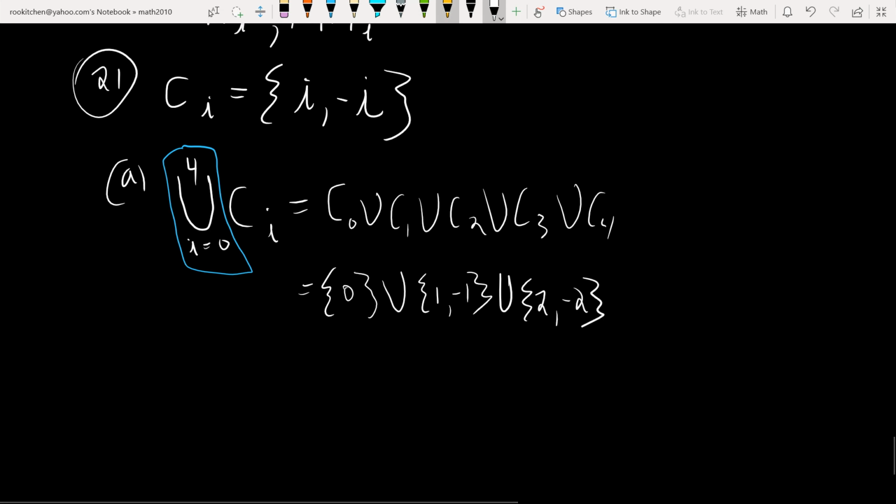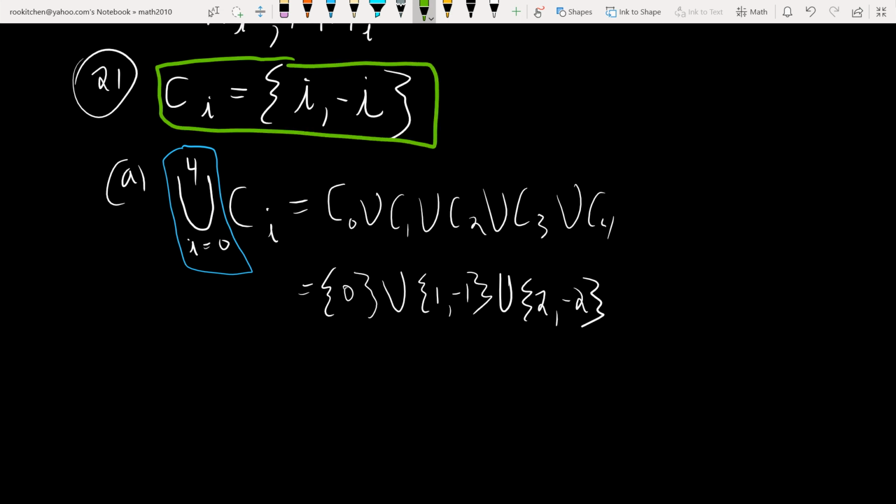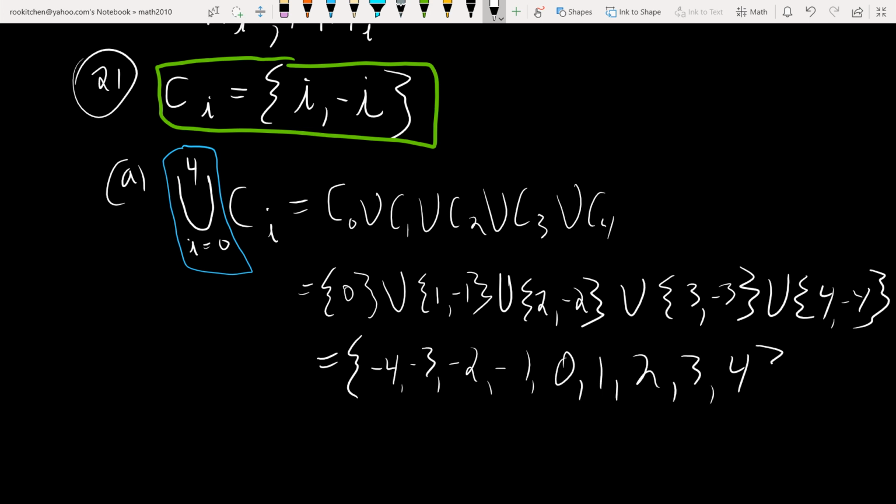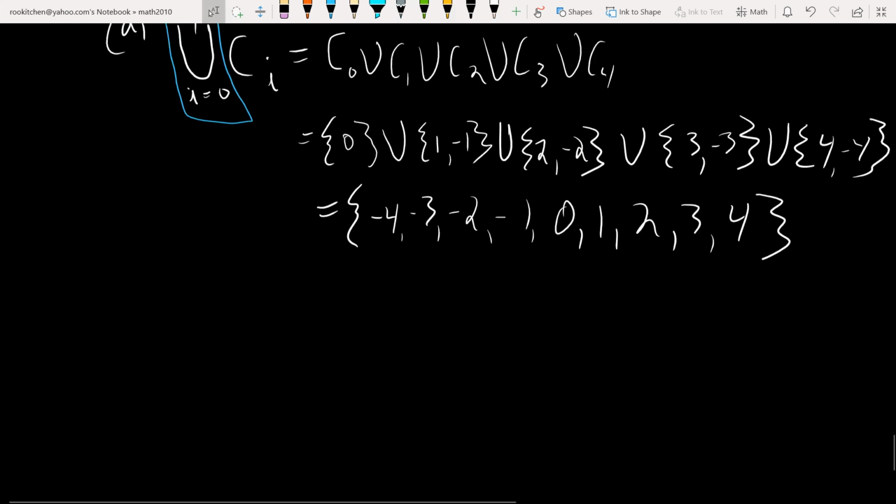And how am I getting these numbers? I'm using this formula in green to populate this. C sub 3 is the set that contains 3 and -3, and C sub 4 is the set that contains 4 and -4. Then I just take the union of all those sets, so it's just -4, -3, -2, -1, 0, 1, 2, 3, 4. I think it's pretty simple. It's just a shorthand way of writing big unions of a whole bunch of different sets.